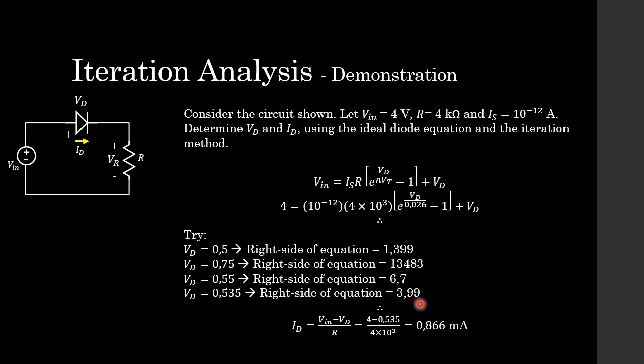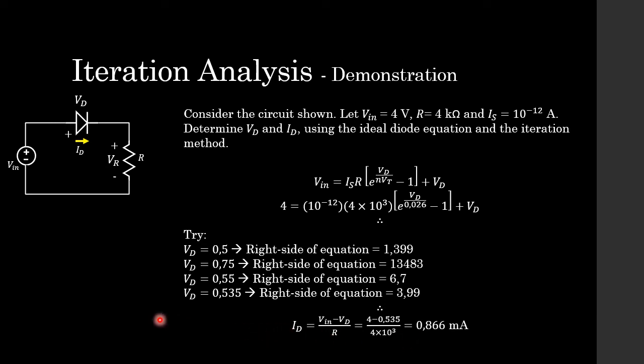I got 3.99 volts, which is what we're looking for. So therefore, the diode current can then be calculated because we have our diode voltage of 0.535 volts. We throw it into this equation and we get 0.866 milliamps as our diode current.